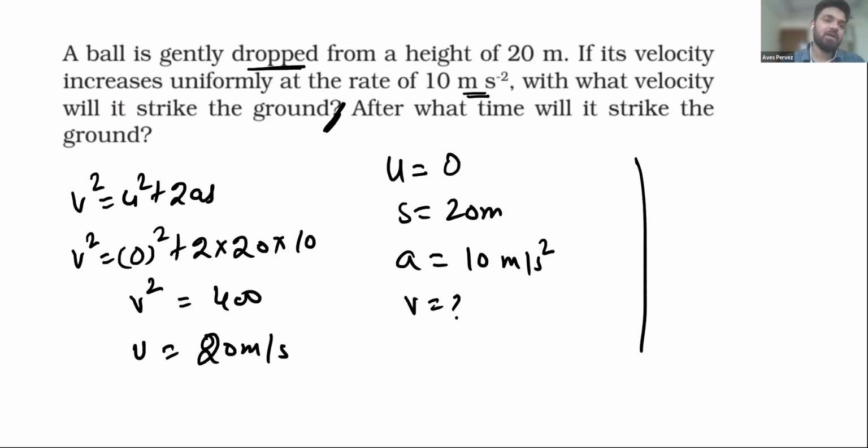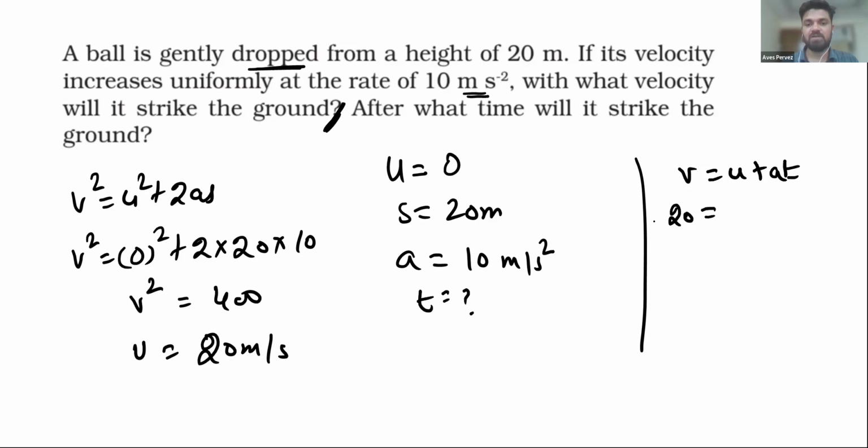Similarly, we'll use the first equation. If we remove v here and write t, you need to calculate what is not being given, not being asked for this equation. That is v. So we use v is equal to u plus at.